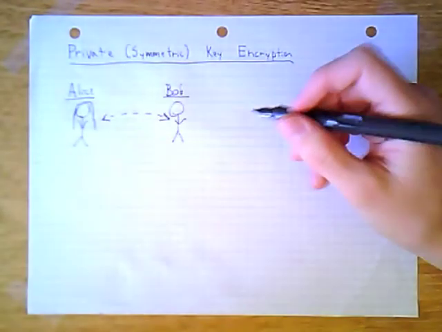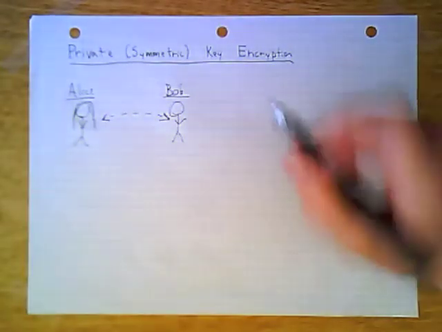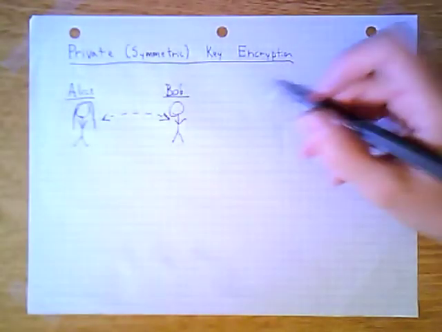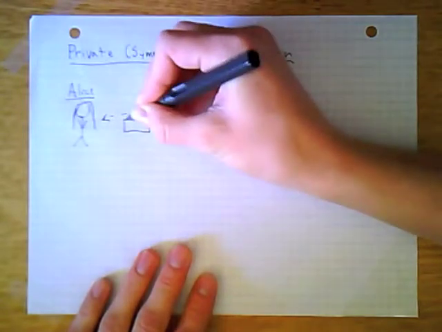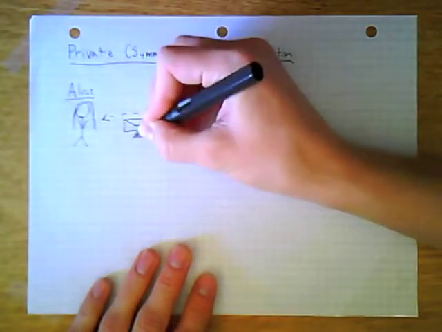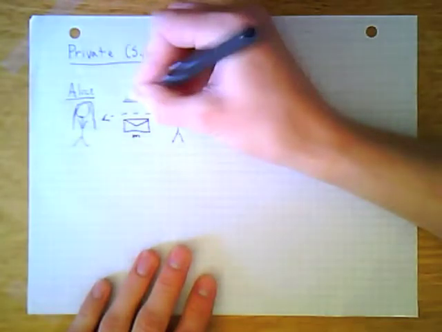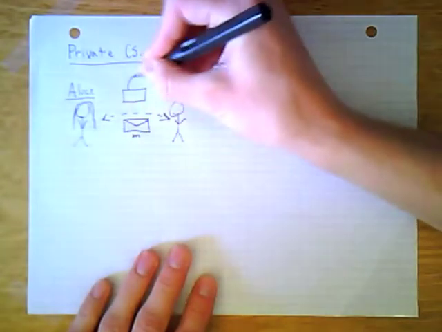Okay. So let's say that Alice and Bob want to share a message, and we'll call that message M. It's not really an envelope, but let's signify it as such. And we want to share it securely.